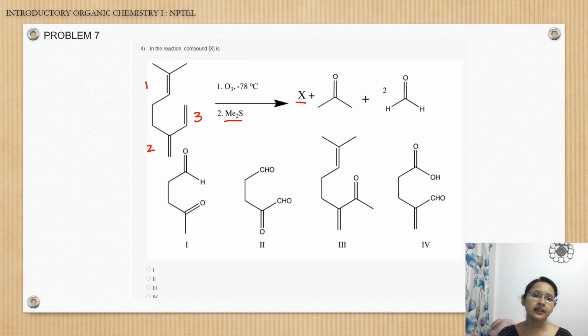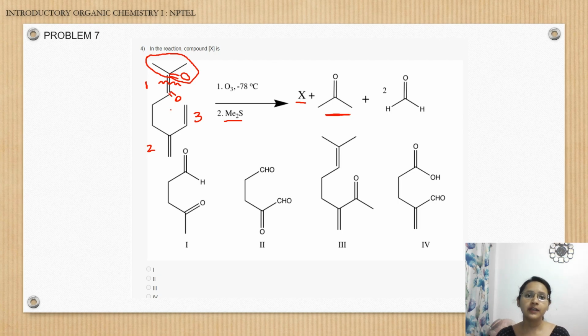So let's say I'm talking about alkene number one, what happens? If you cleave this alkene bond, then you will have this carbonyl here, again this carbonyl here. And if you see it very closely, this is the ketone. So this is acetone, which is matching here. So you will have this moiety from this cis substrate.